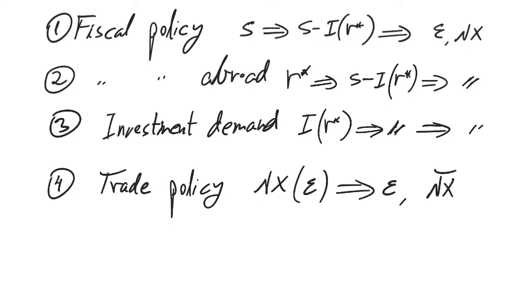And the reason for that is that S minus I is not changing due to the shift of the NX. So the S minus I is a vertical line. It's not a function of the real exchange rate. And because it's vertical, all the shift of the NX curve would do is only change the epsilon. So trade policy doesn't do much for changing the balance of trade in this framework.